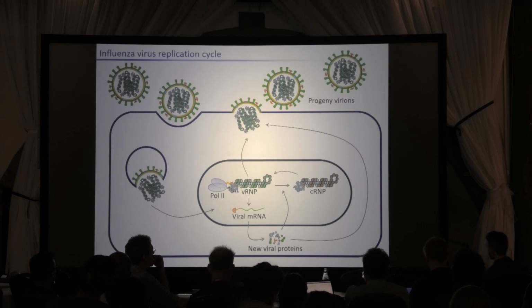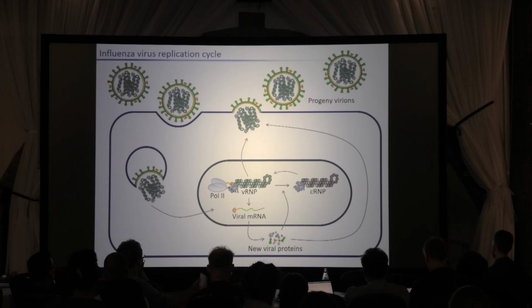The viral messenger RNAs are then transported out of the nucleus, where new viral proteins are made. Some of these are then imported back into the nucleus, where the second function of the polymerase is to replicate a positive sense copy, and these new viral proteins form this new cRNP. Then there's a switch where the positive sense cRNPs are copied back to the negative sense vRNPs.